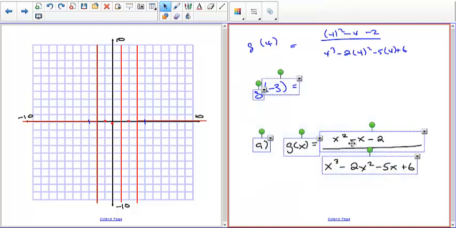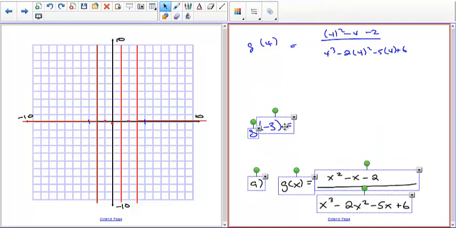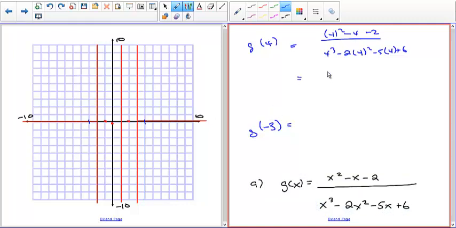So let's evaluate each term. So 4 squared is 16, minus 4 minus 2. 4 cubed is 64. Then we have 2 times 4 squared. 4 squared is 16. 16 times 2 is 32. -5 times 4 is -20. Plus 6. So we're going to have 16 minus 6, which is 10.